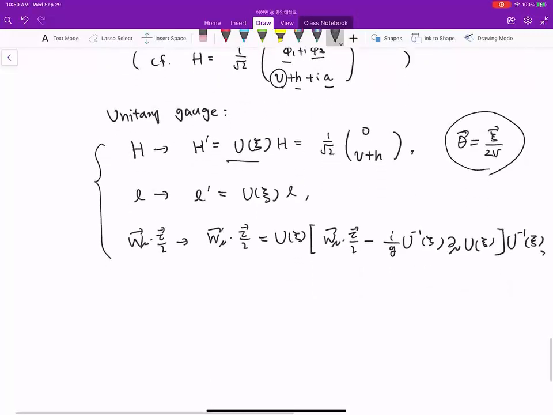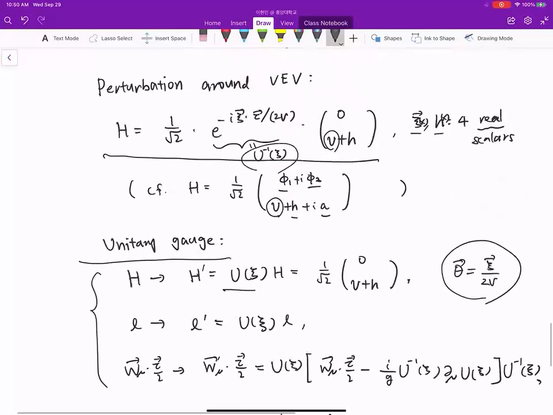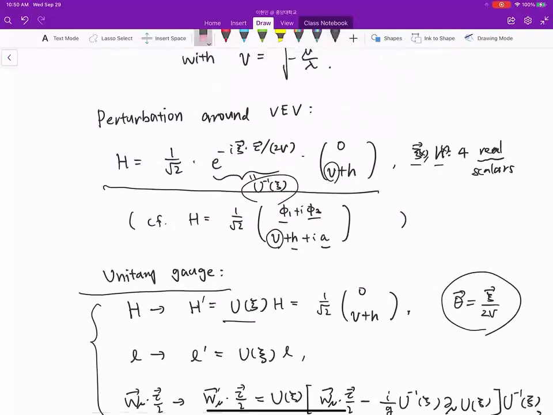And then in this case, the hypercharge and SU2 singlet are unchanged. So this is the unitary gauge. The form of the Higgs doublet can be chosen in this simple form. And the Goldstone bosons would be eliminated. So of course here the H is the Higgs boson. And this psi would be the Goldstones.